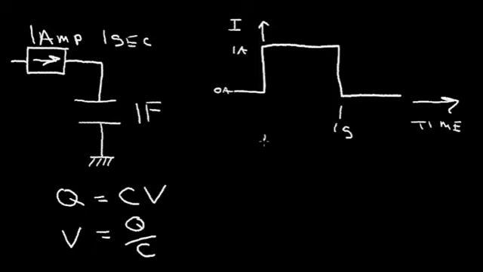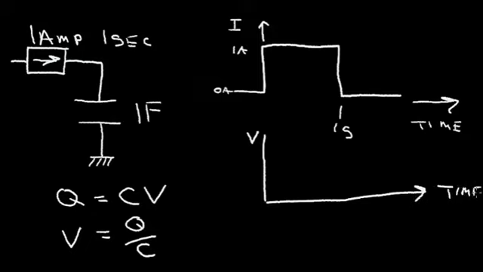So let's say at this time we're going to plot the voltage, and let's make a time axis. So this is time in this direction, and initially we start out with 0 volts across the capacitor and no current through it.